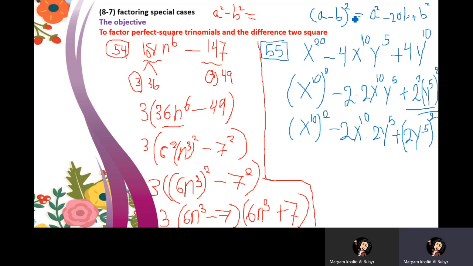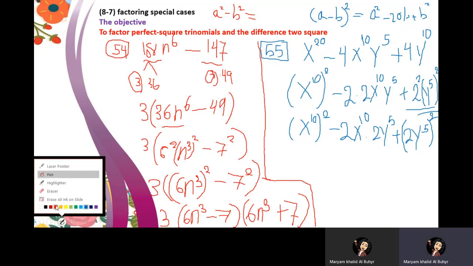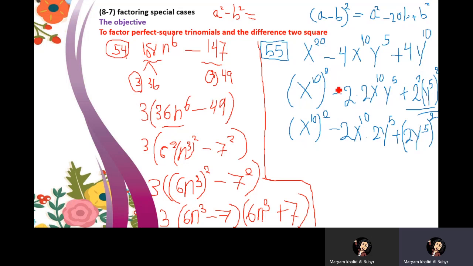Do I have exactly the same as this form? Yes, exactly. That is A, which is this x to the power 10. So that is your A. Let me just change the color. I want you to notice what I'm doing.